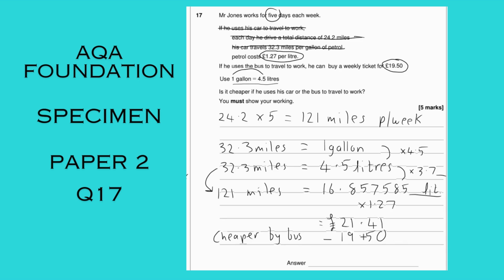So £21.41 minus the £19.50. Answer, cheaper by bus by £1.91. You must show your working, obviously, by doing it one line at a time, by writing all this out. Yes, I'm writing a lot, but you know where you are in the question.